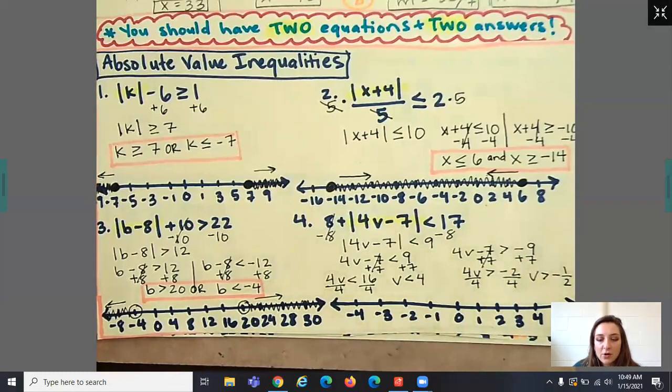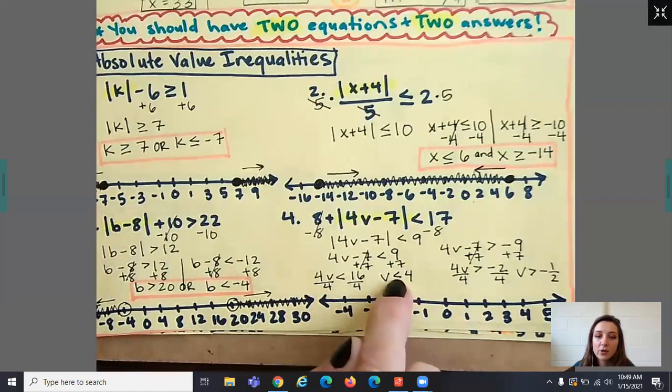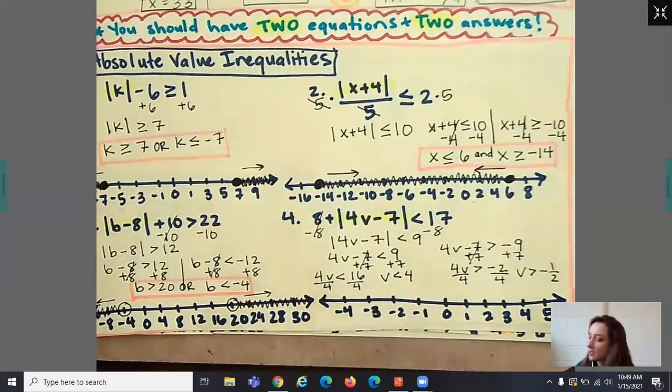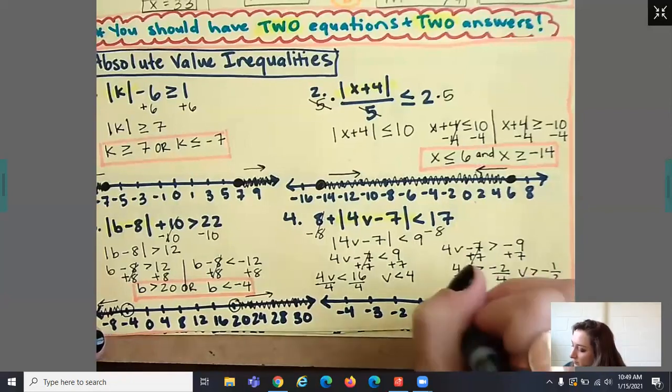Okay, let's go ahead and do our shading. On each of these we're going to draw an open circle because we don't have that little equal to sign underneath. So let's draw our circle at 4, and one at negative 1/2, which is right between negative 1 and 0.